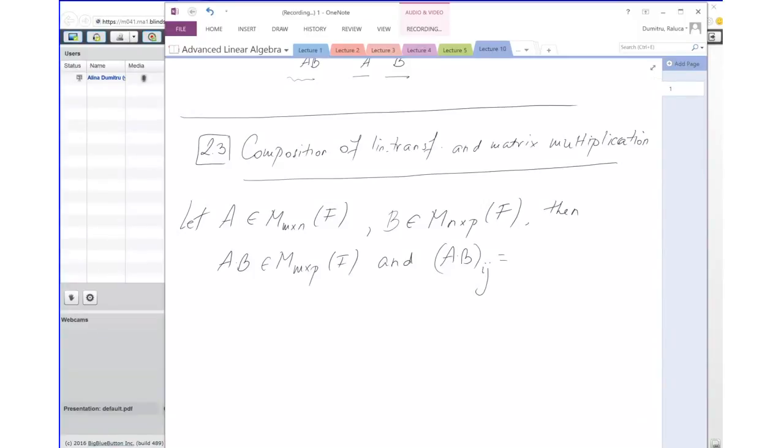There is a formula which says that it is the sum of a_ik times b_kj, k going from 1 to n.